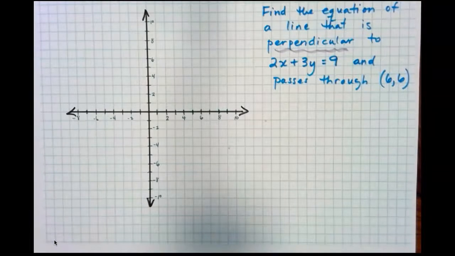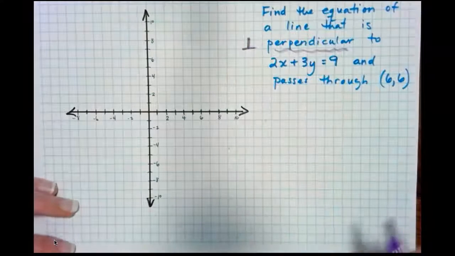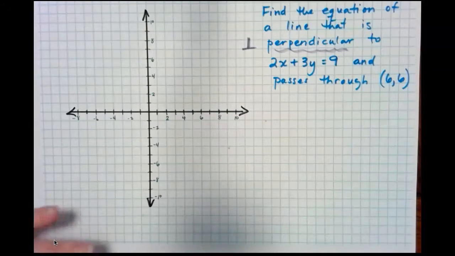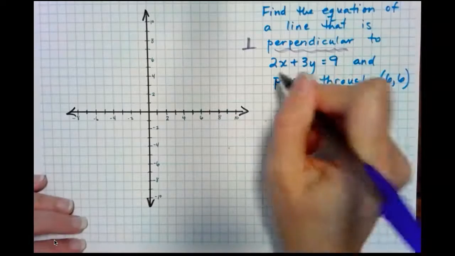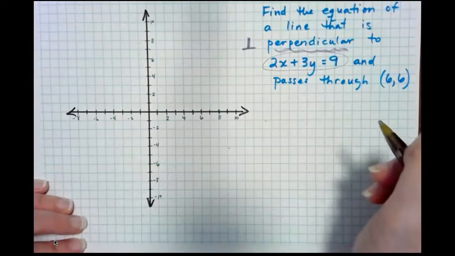So if we're talking perpendicular, remember perpendicular lines meet to form right angles. That's why the symbol for perpendicularity is the little upside down T. So we're talking about perpendicular lines here. Once again, the first thing we need is to go to the given line and know its slope.